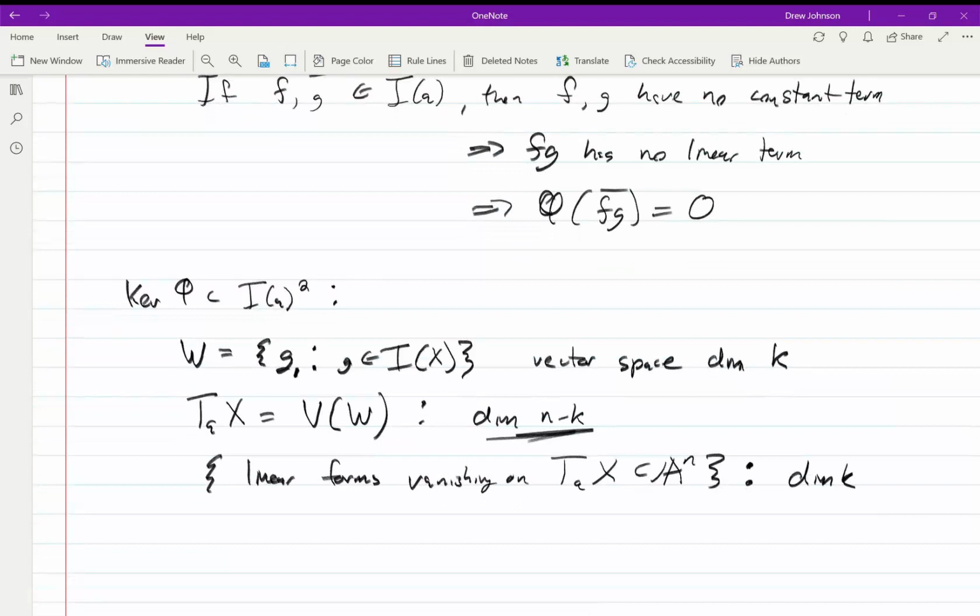But the other thing we should notice is that W is contained in this space, right? That's basically the definition of the tangent space: it is defined by the vanishing of the forms in W. So W are some of those things. Okay, but now since W is also dimension k, we get equality: W is the linear forms vanishing on T_A X.